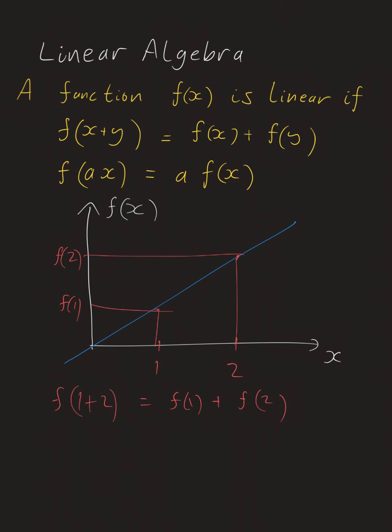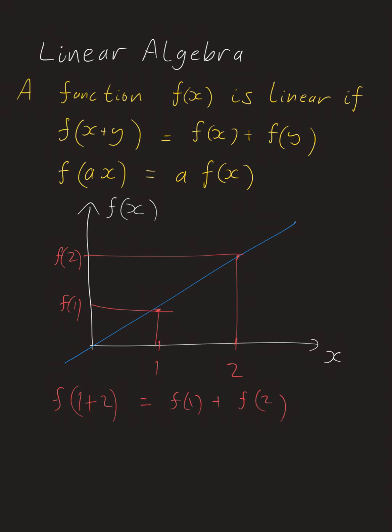And for a straight line like this, that will actually be the case. Because for a straight line, if I go over in the x direction, along here, no matter where I am, I will always go up the same amount in the y direction. So if I go over 1 here, I go up a certain amount here. And if I go over 2, I go up twice that amount.